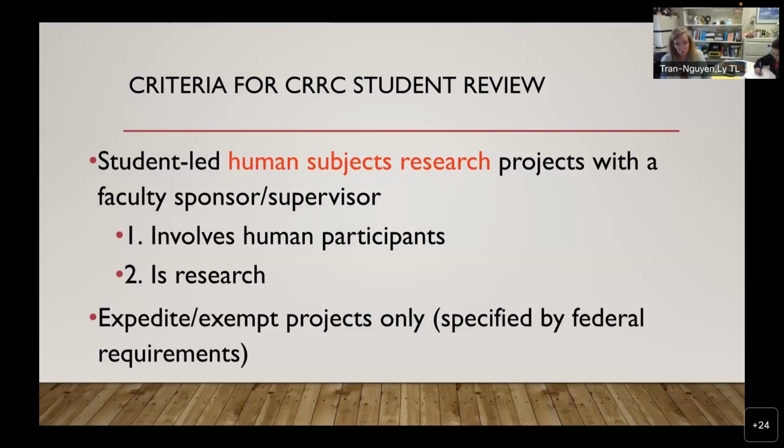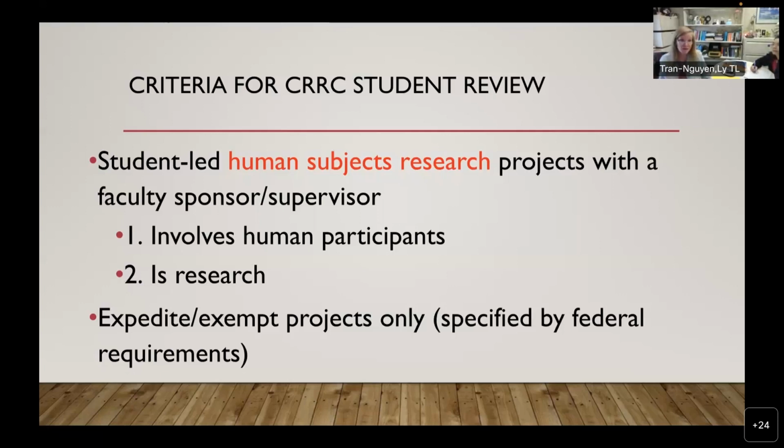An expedited project is when participants are identifiable. So the researcher could link the responses or the recorded behaviors back to the participants, but the activities place the participants at minimal risk, and it falls into one of several categories in federal regulations which limit the activities to certain things.